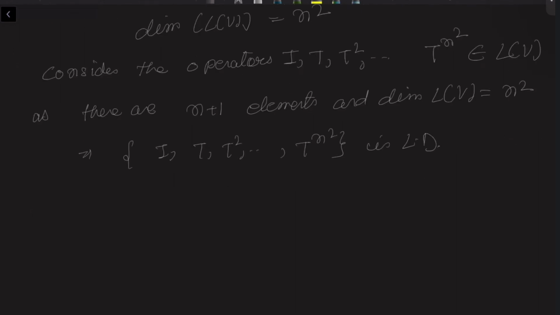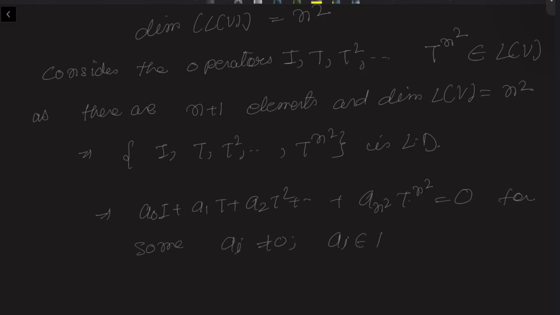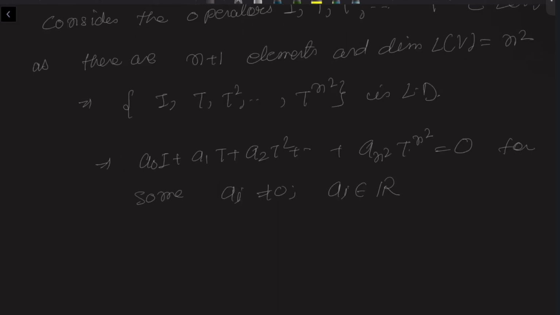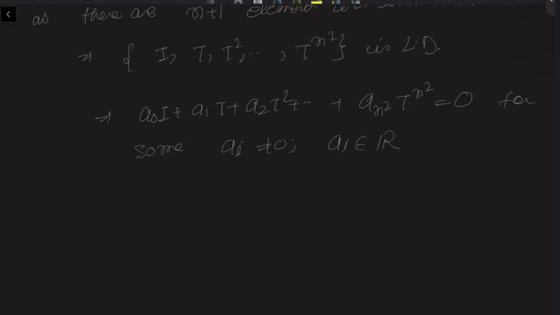If this set is LD, what does it imply? It implies that a0 I plus a1 T plus a2 T square up to a(n square) T to the n square equals 0 for some ai non-zero, where these ai's are in R. So this is just by the definition of linearly dependent.